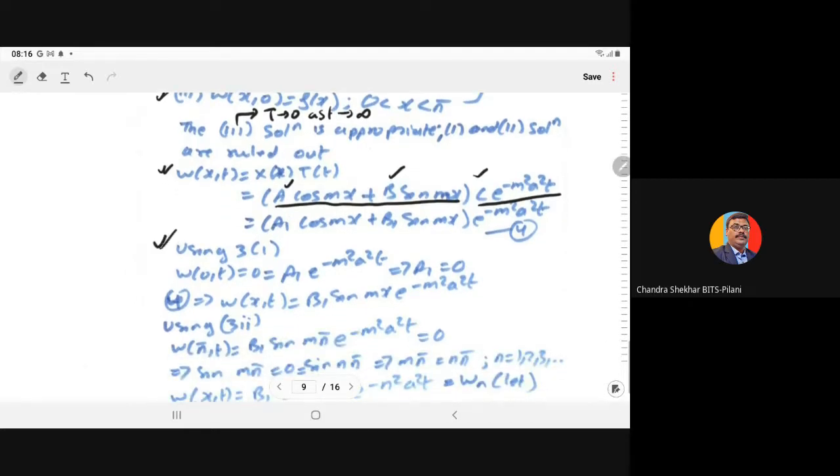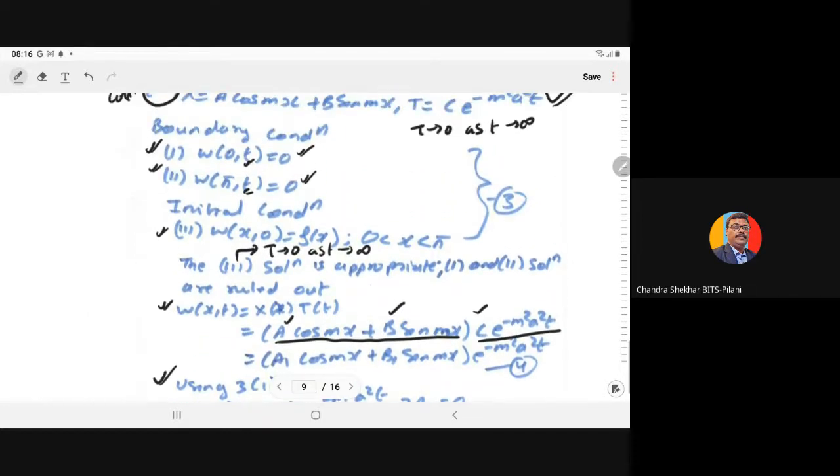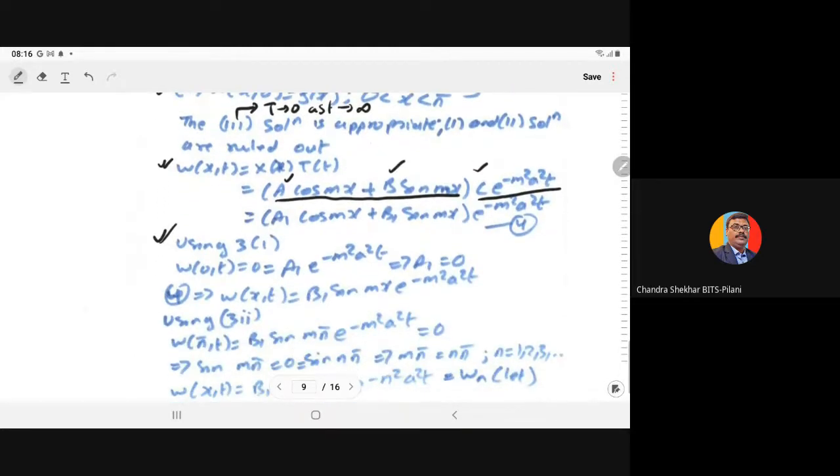Using the first boundary condition, w at x equal to 0 is equal to 0. As we put x equal to 0, we know that sin 0 is 0 and cos 0 is 1.